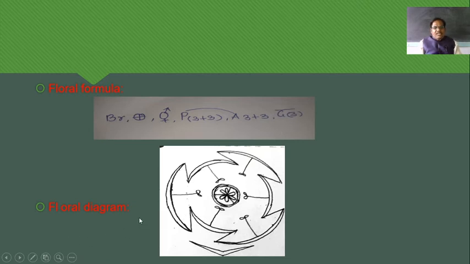Then floral diagram. This floral diagram has the calyx and corolla absent. Instead of that, there is the presence of tepals. These tepals are 6 in number, and out of these 6, 3 are on the outer side and 3 are on the inner side. So they show the 2 whorls, 3 outer side, 3 inner side.